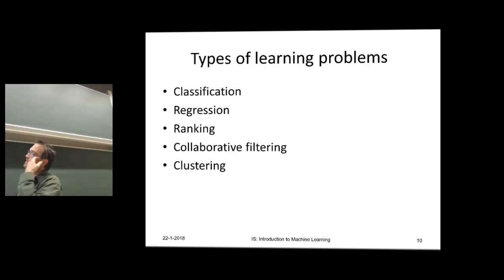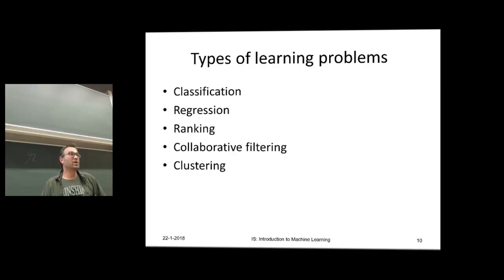So here are some of the typical types of machine learning tasks. We have classification. The input is an instance with some information about the instance, and the output of the algorithm would be which class it belongs to. This class could be binary, just true or false, or it could be a discrete number of finitely many values.